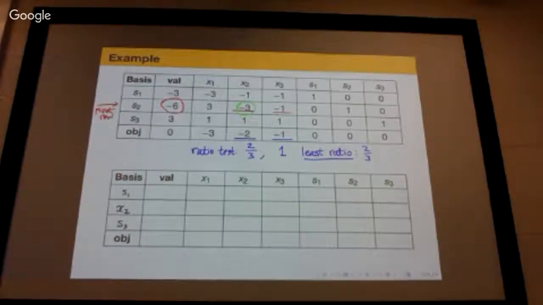So minus 6 divided by minus 3, we get 2. We get minus 1, 1, 1/3, 0, minus 1/3, and 0. Okay, this is just that row divided by minus 3.